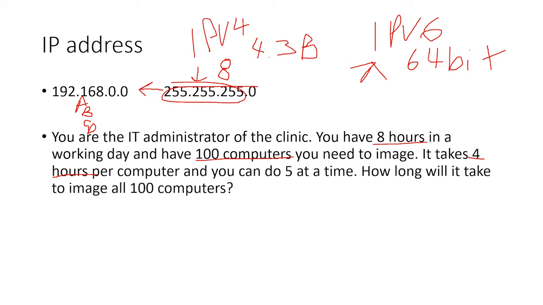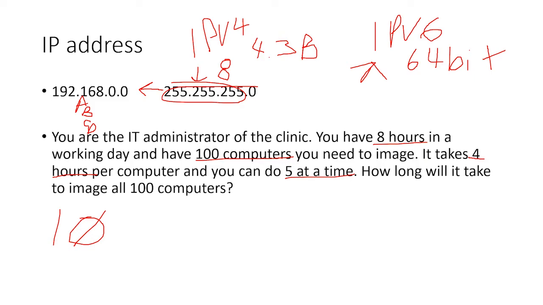All right, so we know that 4 goes into 8 twice, right? So with that being said, and we can do 5 at a time in a day, that means we can do 10 in 8 hours because 4 goes into 8 twice. We can do 5 at a time. So 5 times 2 is 10.